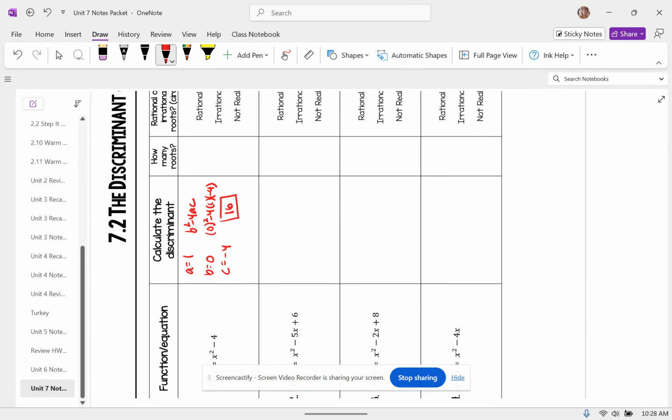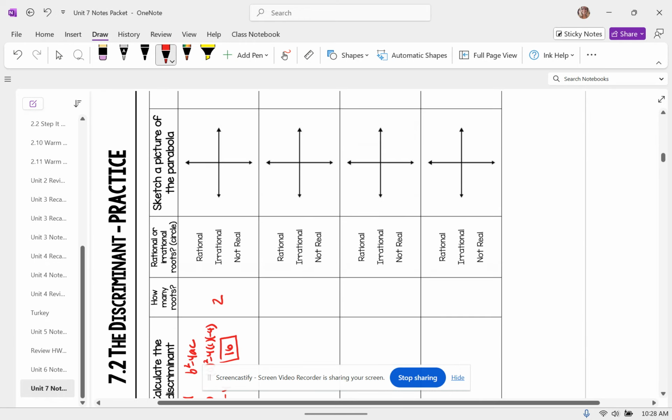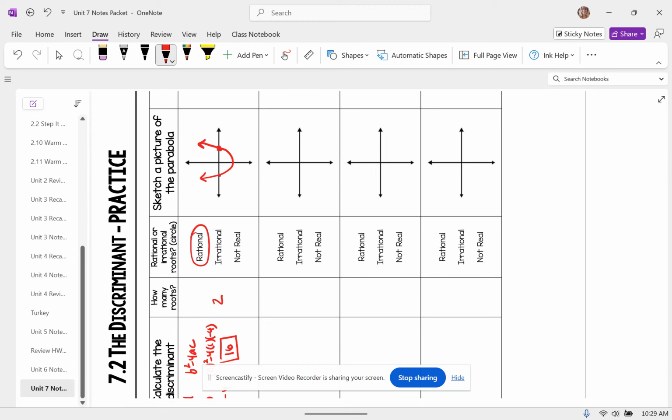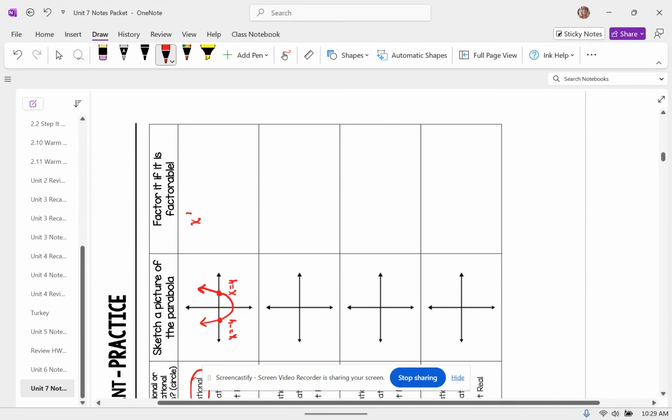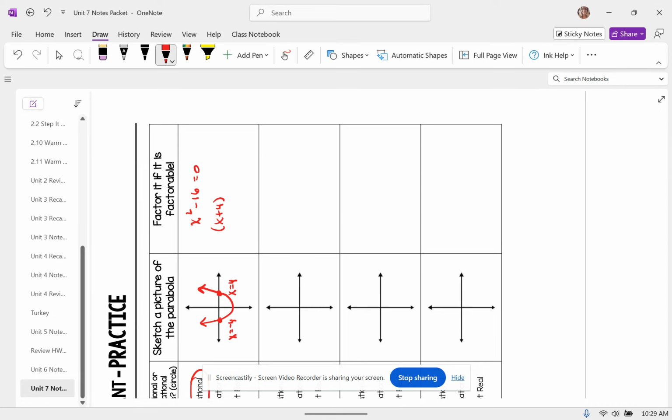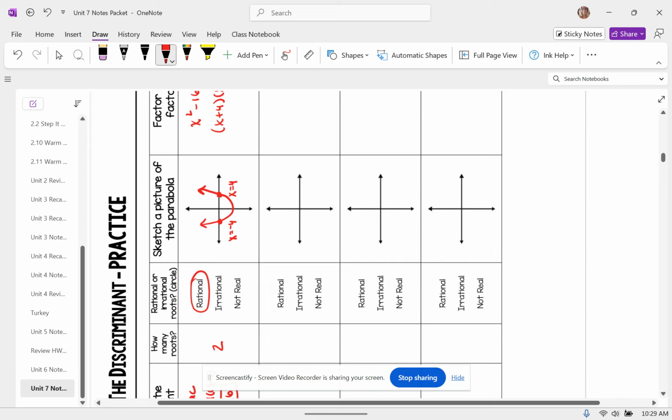How many roots are there? There are 2 roots because it's positive. They are rational because 16 is a perfect square. And my parabola would look something like this. X equals 4, x equals negative 4. Is this factorable? It sure is. I would factor this to x plus 4, x minus 4 because this is a difference of squares.